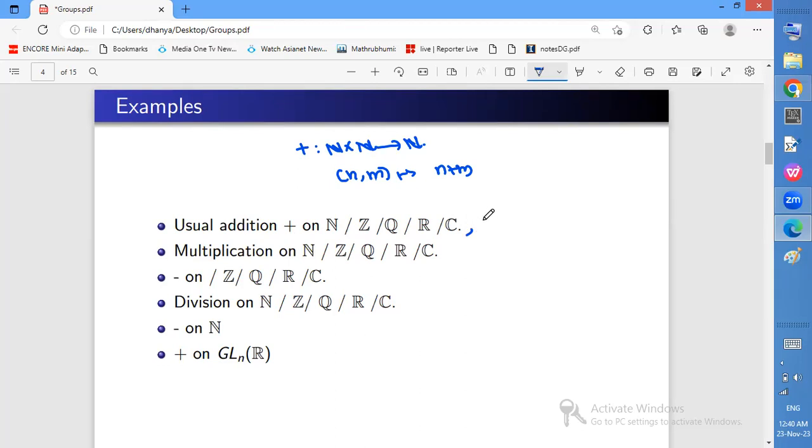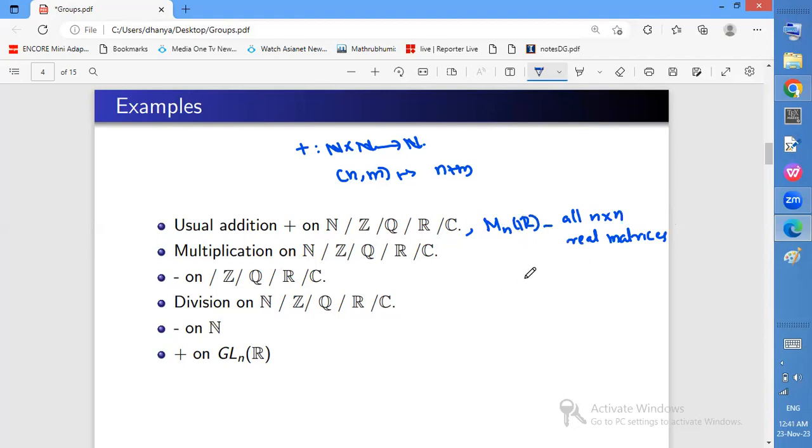Moreover, I can add one other set, namely Mn(R). Here Mn(R) is the collection of all n by n matrices over R, the set of all n by n real matrices. Will addition form a binary operation on that set Mn(R)?